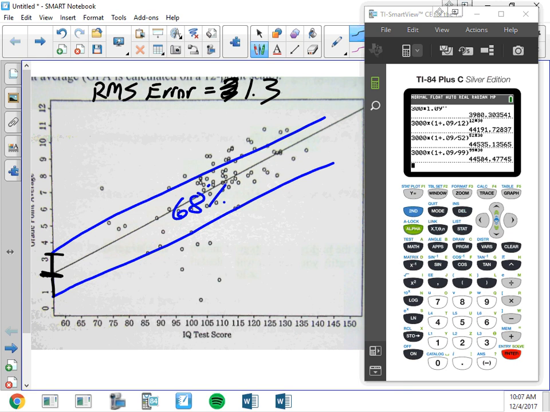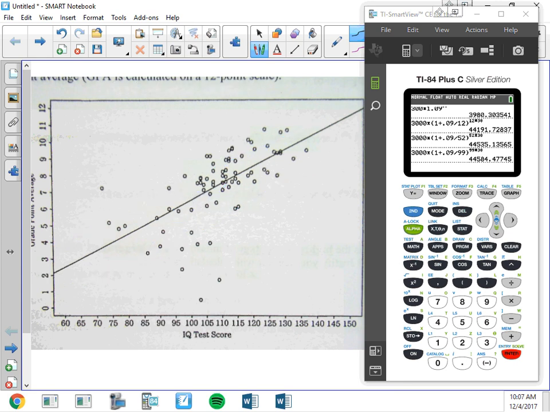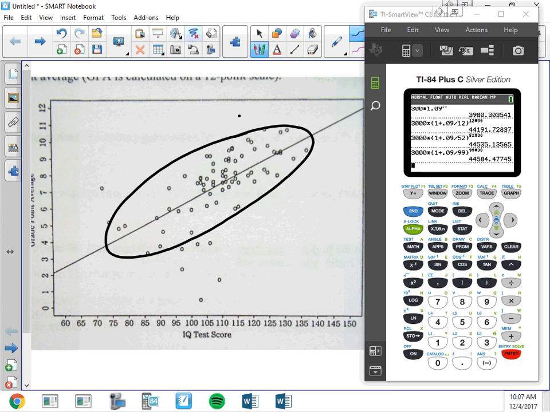Okay, number 8, estimate the correlation coefficient. What would you say R is for this data? Now, without those other points, that would probably be about what? 0.8.